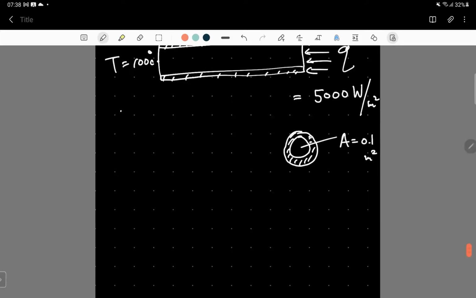Let's assume the thermal conductivity of the material to be 6 watt per meter Celsius degree or Kelvin, and the cross-sectional area to be 0.1 meter squared. We are requested to determine the temperatures.